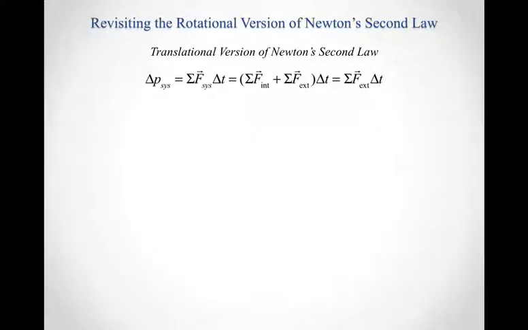So thinking in terms of a system now, the change in momentum of my system is going to be equal to the net force acting on my system, again, times however long I let it act. And again, I can break up that net force into forces that are internal to my system and forces that are external to my system. Newton's third law tells me that these internal forces are going to cancel, and so I'm left with the change in momentum for my system being equal to the net external force acting on my system times some chunk in time that I let those forces act.